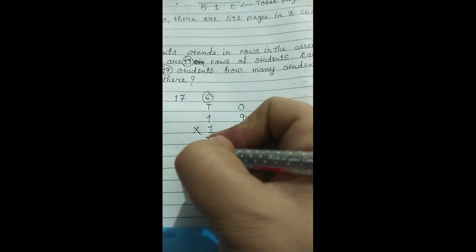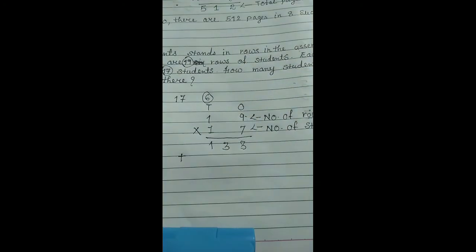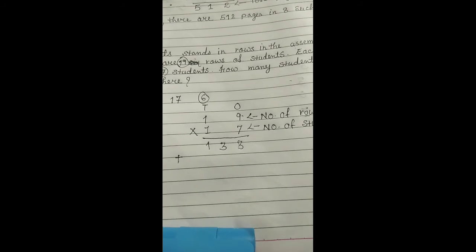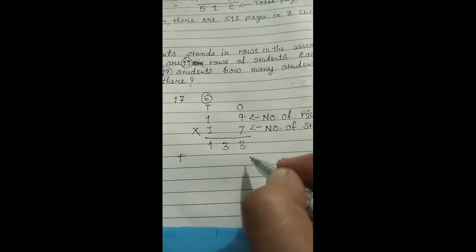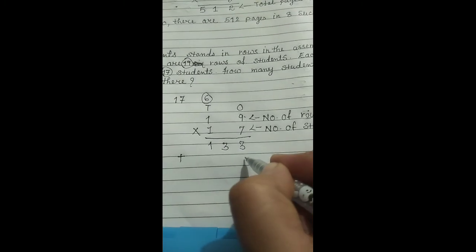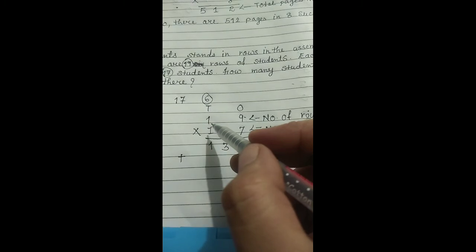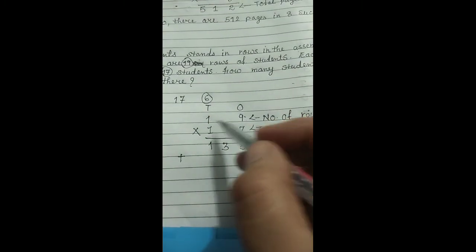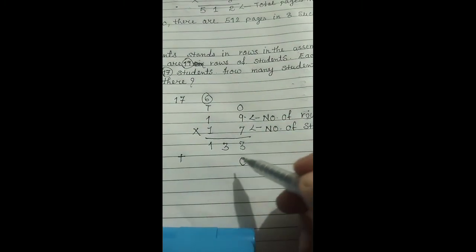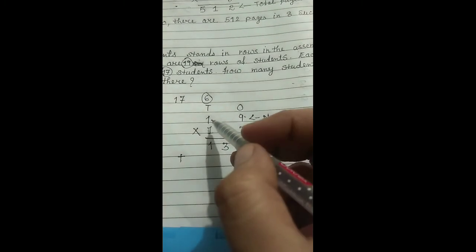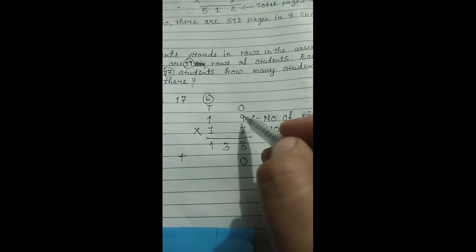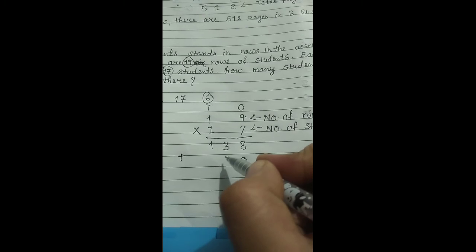Okay students, now 19 multiplied with 1. What do we have to do first? In 2-digit with 2-digit multiplication, we have to put 0 first, because we are multiplying with the tens digit. So again 19 ones: 9 ones are 9 and 1 one is 1.